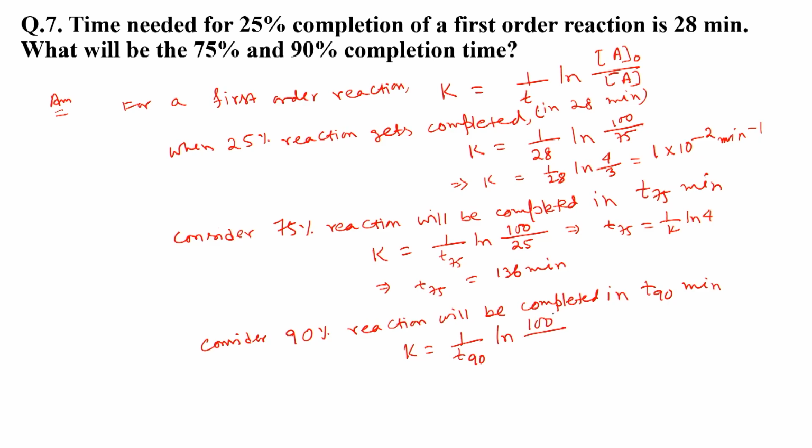We started with 100 and then 90% gets completed, so we are left with 10. Okay, after 90% completion, concentration of A is 10. So we get T 90 is 1 by k ln 10. If we carry this out, we get T 90 is 230.3 minutes. So this was problem number 7.